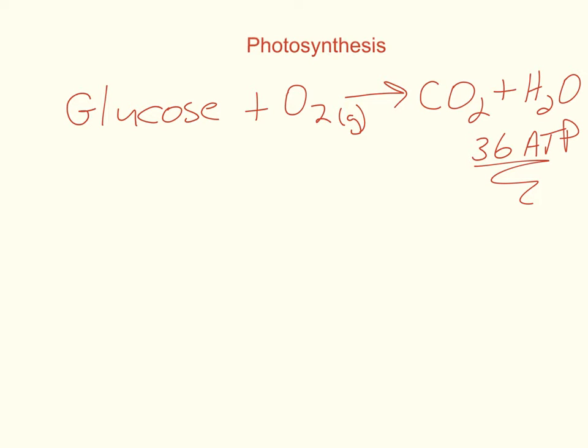Well, if we broke it down into the three steps that we talked about with cellular respiration, the first was glycolysis. And we know that in glycolysis, we took glucose and changed it into a 3-carbon sugar known as pyruvate.